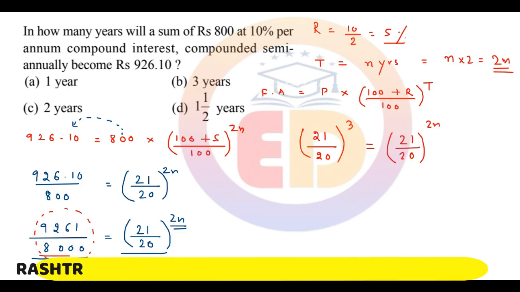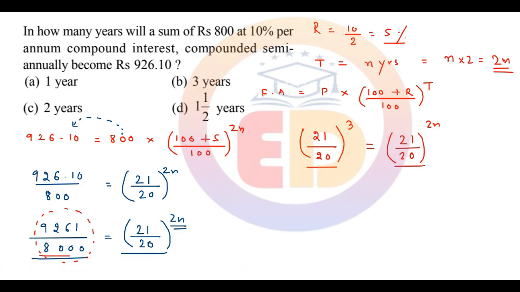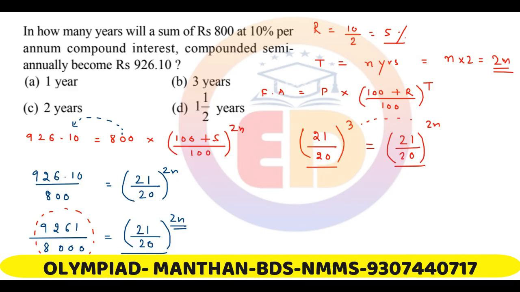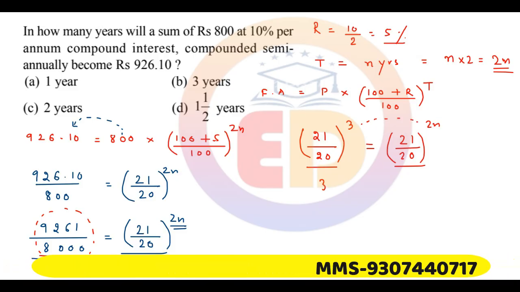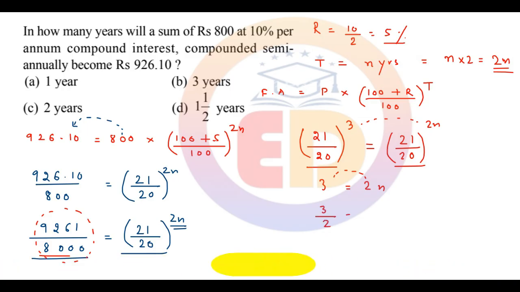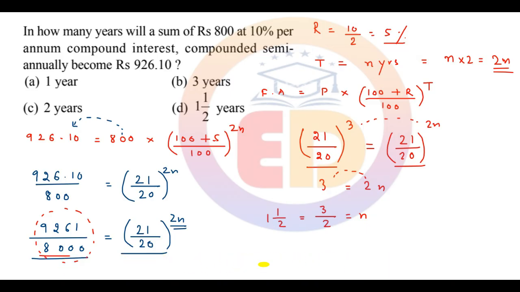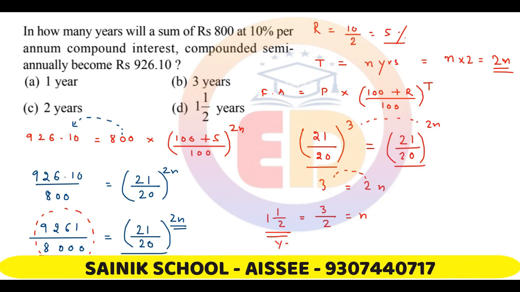Now left hand side base and right hand side base, we have made them same. When the bases are equal, power is also equal. So 3 is equal to 2n. From this, the value of n will be, take 2 left to right, it will be 3 by 2. 3 by 2 is 1 whole, 1 by 2. So 1.5 years is my time period. Answer is option number D.